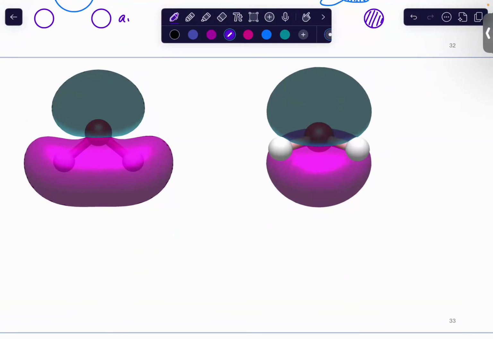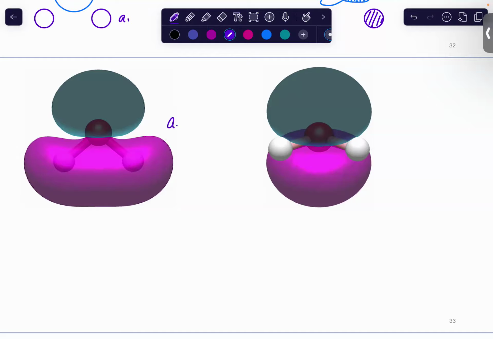All right. That's got to be 2PZ and the LGO1. So what symmetries are we combining? So you're combining the A1s.